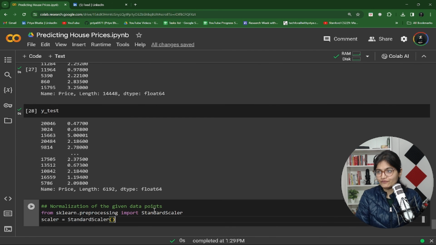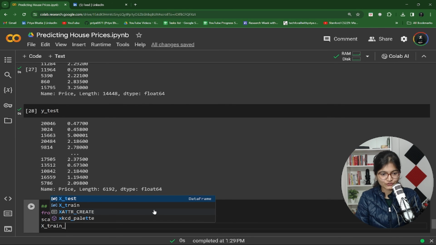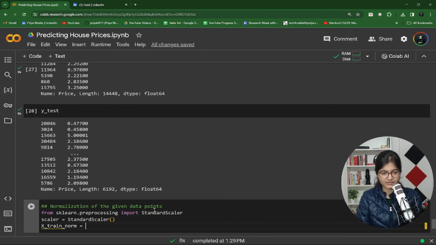And then finally you will say x_train_norm, because you will get the normalized values. You will take your scaler and use the function fit_transform, and inside this you will pass x_train, which you want to transform.